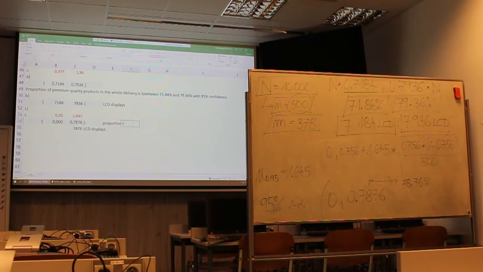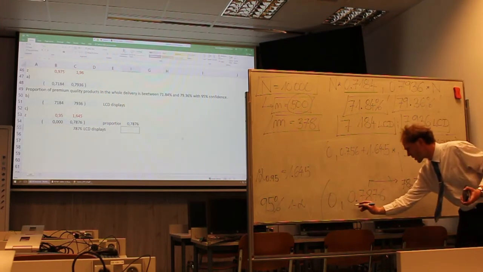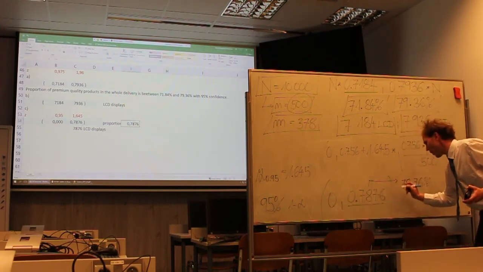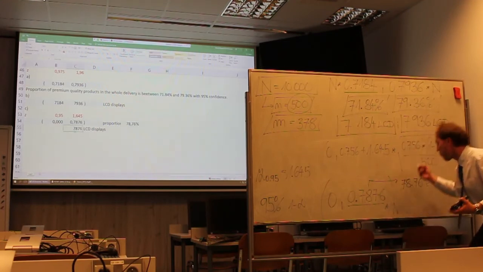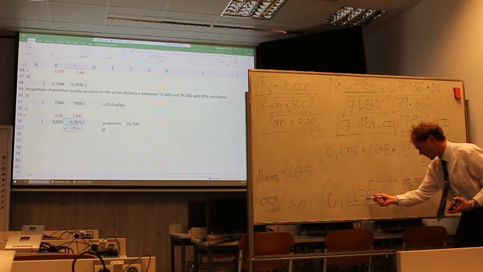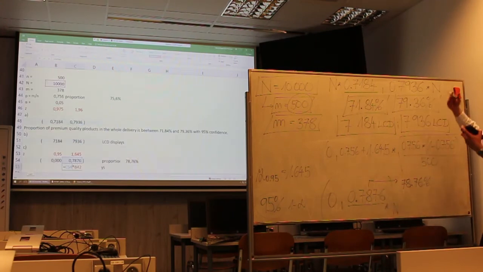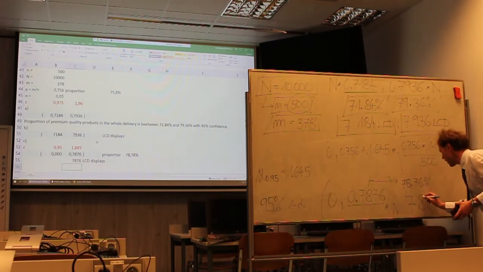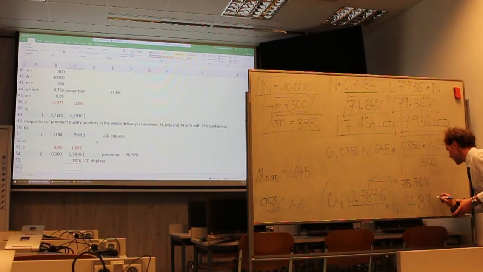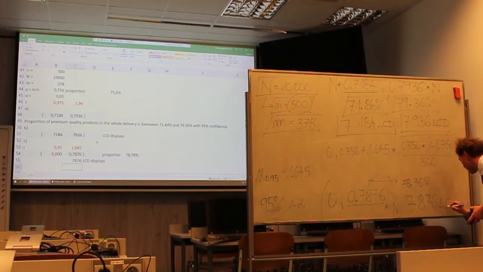And of course, you can use this value and multiply it by capital N, population, yes, and interpret like a total number of displays, 7,876 LCD, liquid crystal displays. So this is the total number of displays.